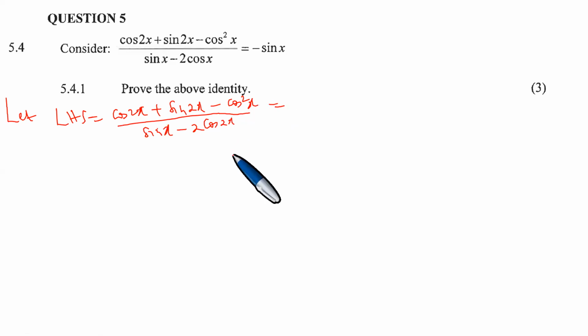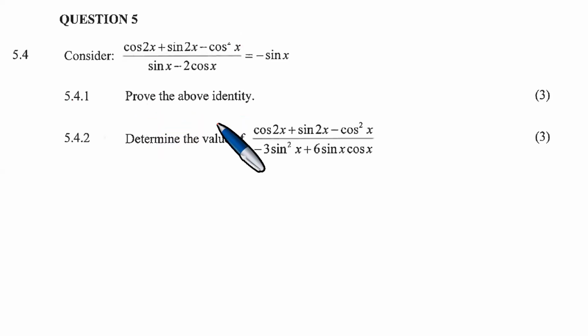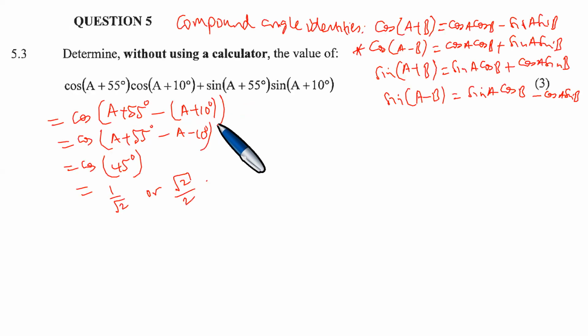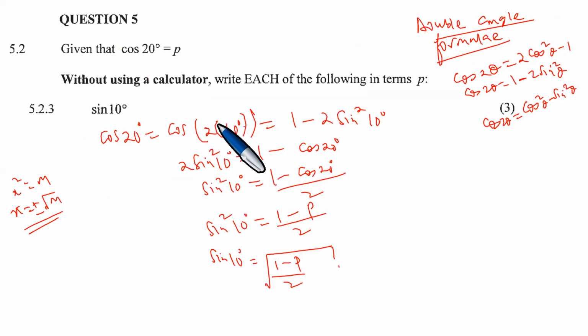Like you saw before, we're going to use one of these because of cosine 2x. Cosine 2 theta is the same as cosine squared minus sine squared. So you can use any of these depending on the situation. So you can use the third one. Cosine 2 theta is cosine squared minus sine squared.